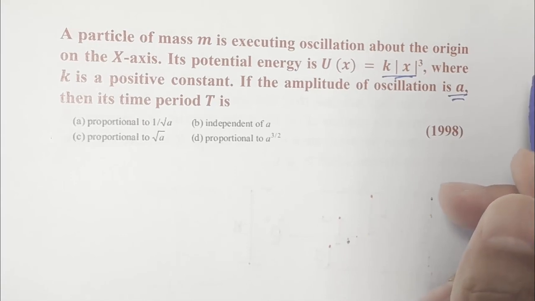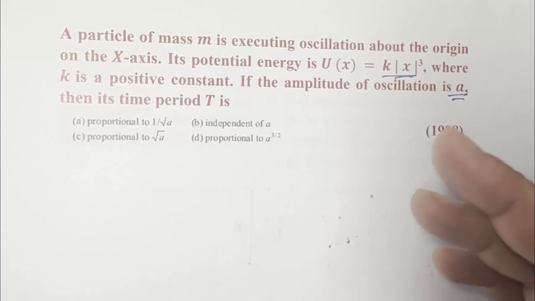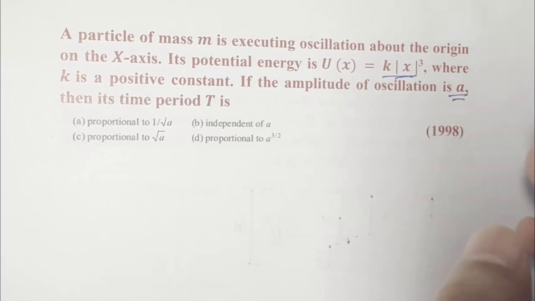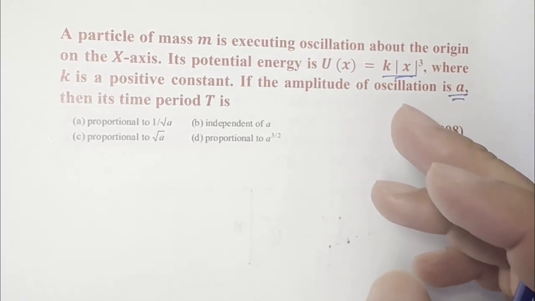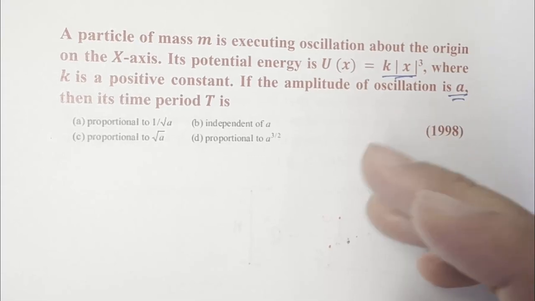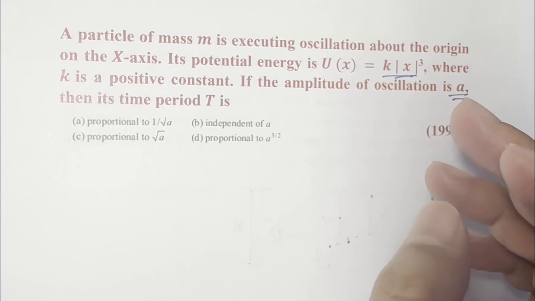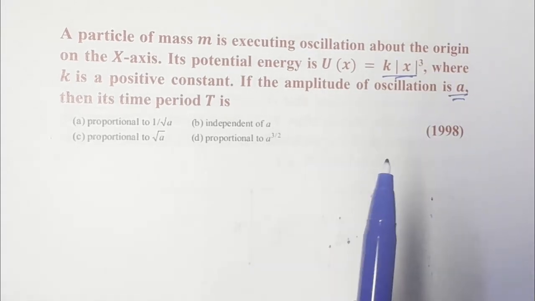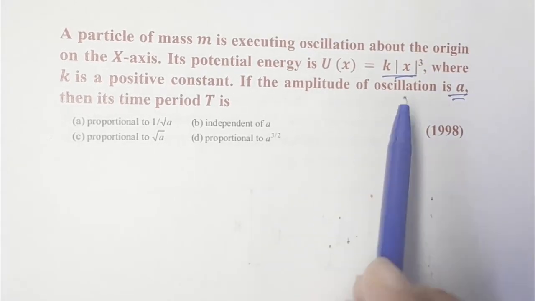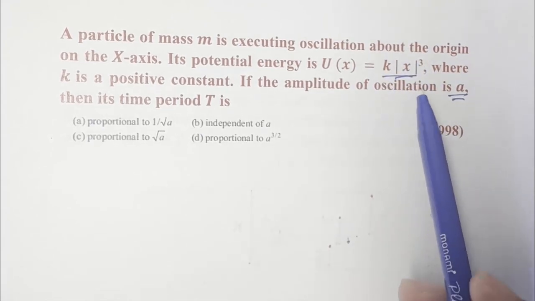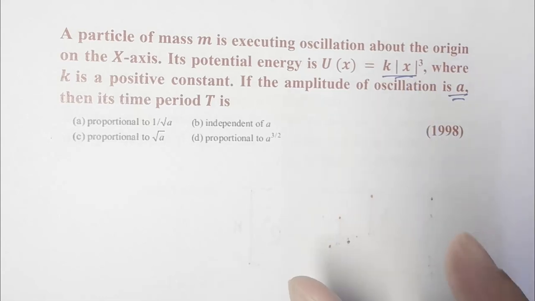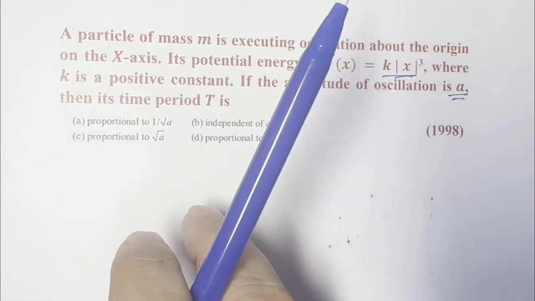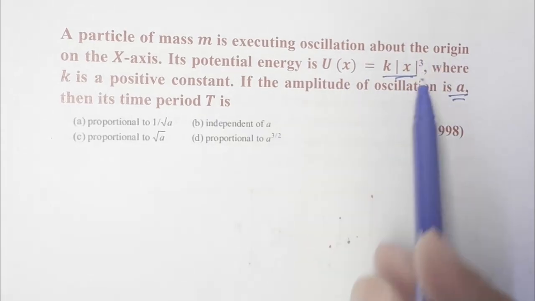Their combined derivative can be written as 3x square times sign of x, or 3|x| times x. The problem is that the derivative of that function still depends upon the modulus, and it is difficult to expand that notation to get the relationship between the acceleration and the potential energy.